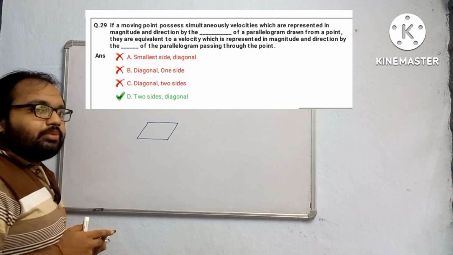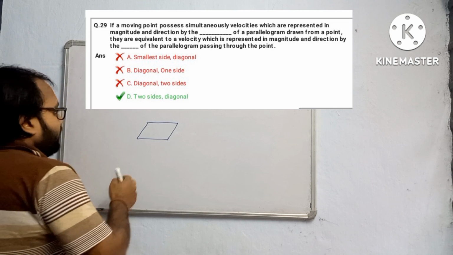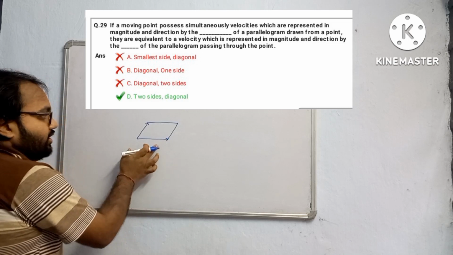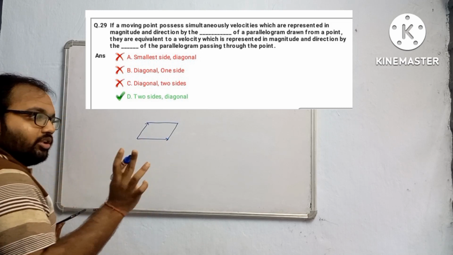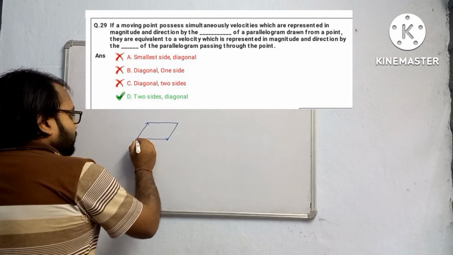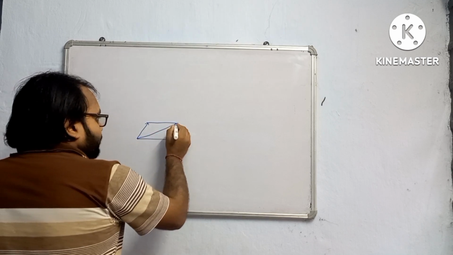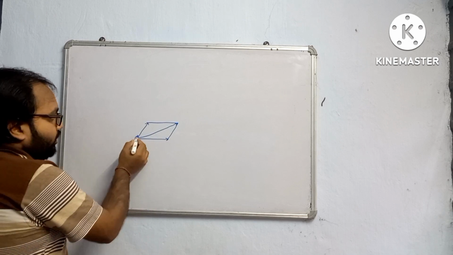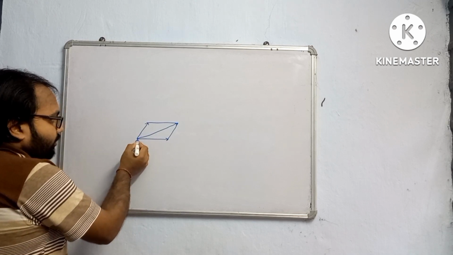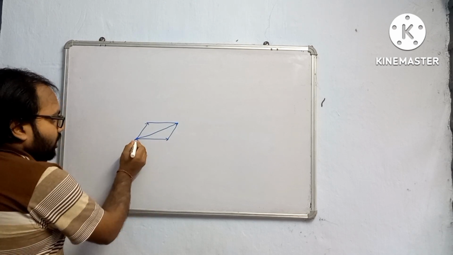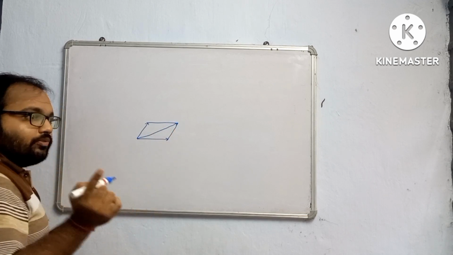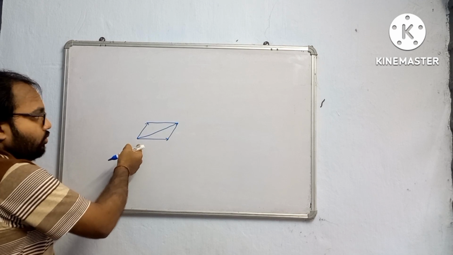Here you can remember the parallelogram law of vector addition, where two adjacent sides of a parallelogram represented two vectors, and the vector that represents the diagonal of the parallelogram starting from the point where the two vectors meet. That means the starting point of the two vectors and the starting point of the resultant vector will coincide.